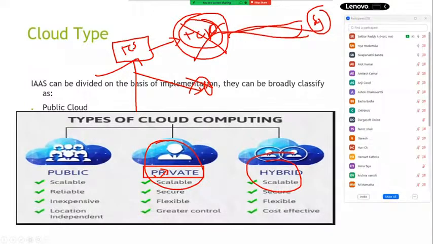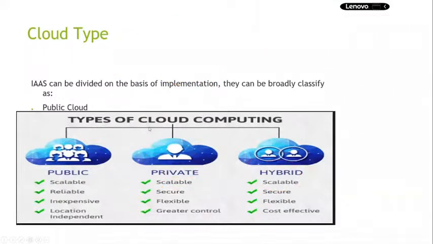Here also it is the same. A few of the applications are running in public and some of the applications in private. If we establish a connection between these two and access everything overall, we call it hybrid. But hybrid is costly; it is more flexible and secure as well, but it is high cost. I will let you know how to do the tunnel later.